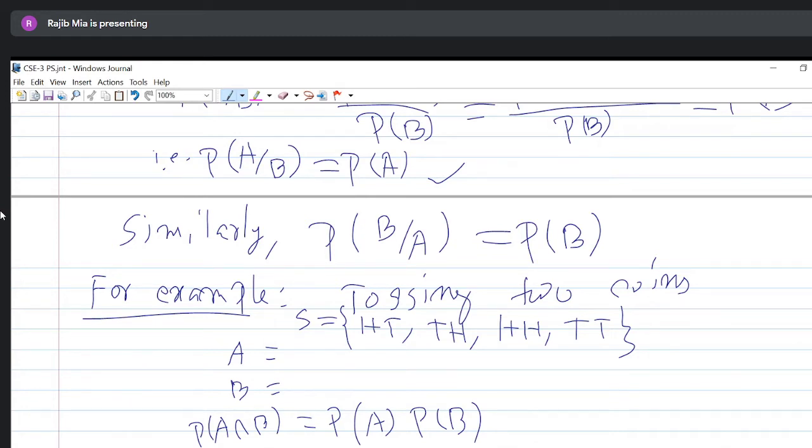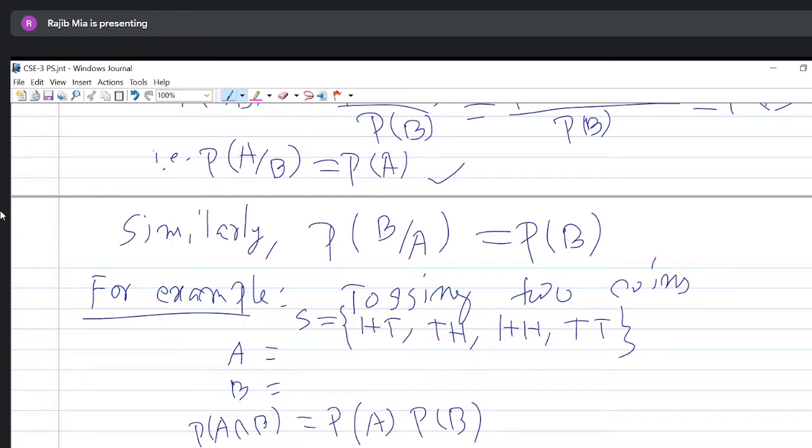Can you now define the events A and B so that probability of A into probability of B equals probability of A intersection B? Then the probability of A can be given as head, and the probability of B can be given as tail.